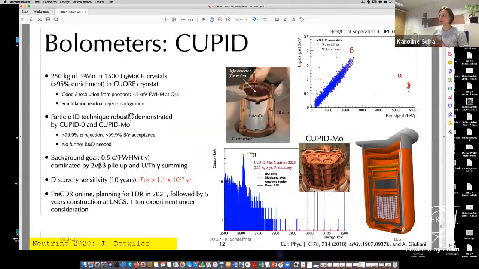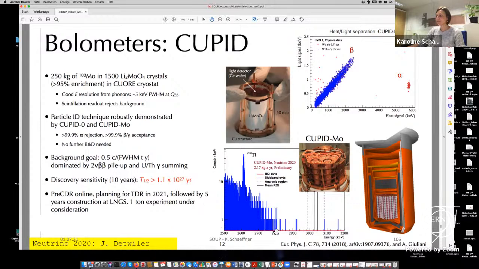So the logical move was going to a crystal which also produces light, such that you can discriminate beta-gamma events from alphas and also degraded alphas, which would just make a band here. In such an experiment, you can then discriminate them, and this will allow you to go to much lower backgrounds. And also there, the aim for discovery sensitivity is in 10 years, 10 to 27. So there's 1 order of magnitude together.